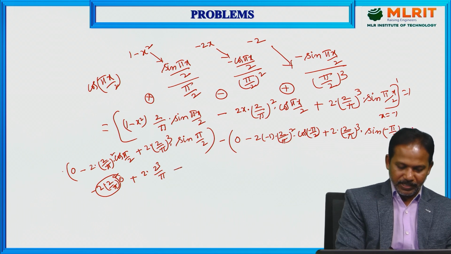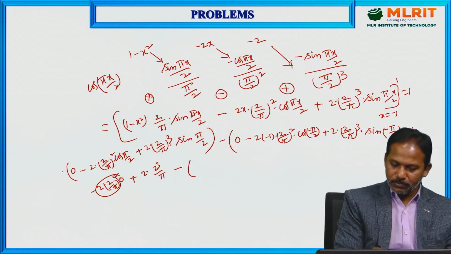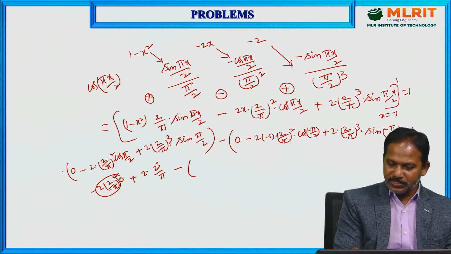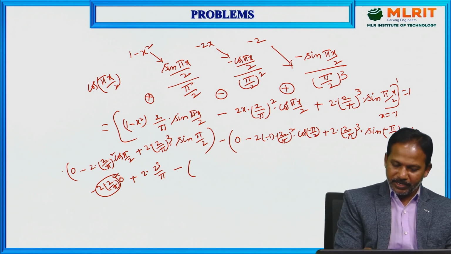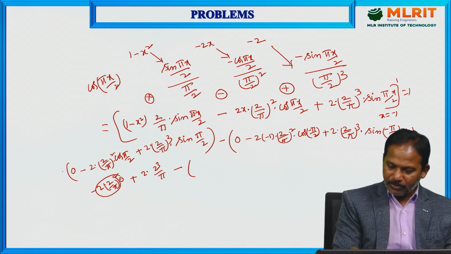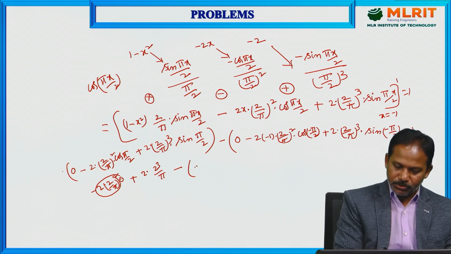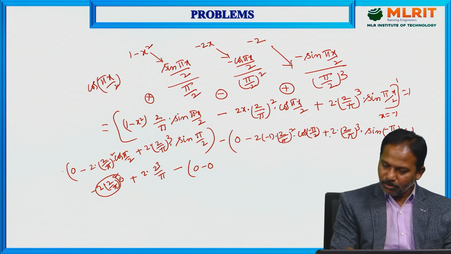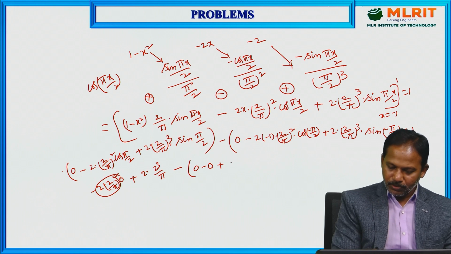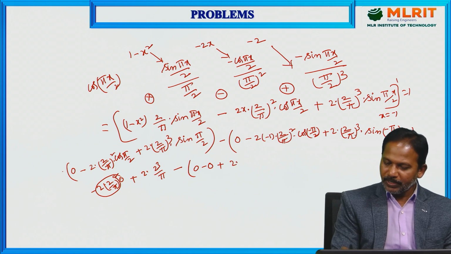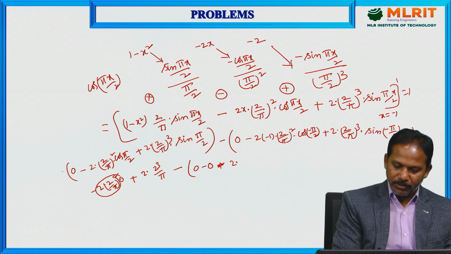Next, minus of the lower limit: cos(pi by 2) is 0, so 0 into something is 0, 0 minus 0. Plus 2 into (2 by pi) whole cube into sin(minus pi by 2), which is minus 1. So simply we can write minus 2 into (2 by pi) whole power 3, equal to 1.